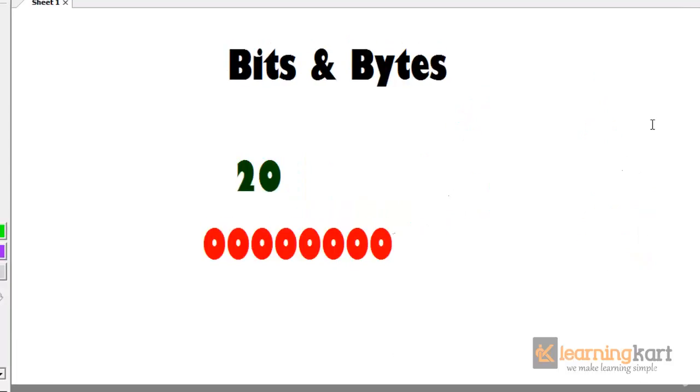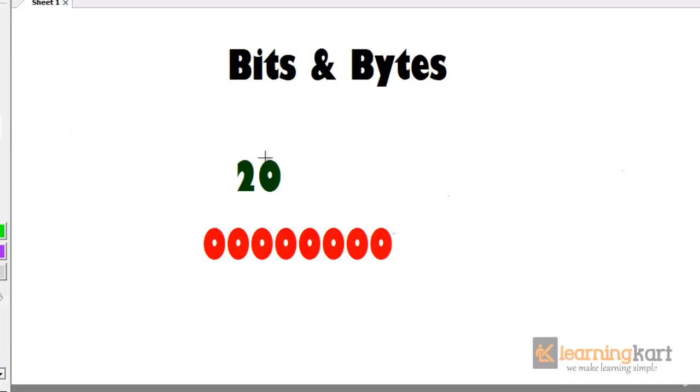Now let us see the reverse process, where you have a number and you want to create the binary for it. Suppose I have a number, say 20, and I need to find its binary equivalent. I've created a dummy of all zeros, and we'll replace a 0 with a 1 where we need to make a change. How do we decide where we need a 1 and where we need a 0?